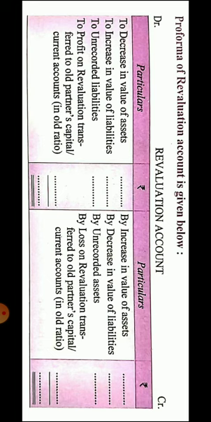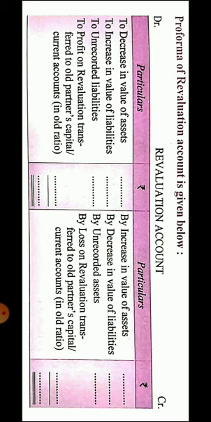Third is unrecorded assets. Similarly, as unrecorded liabilities were written at the debit side, where any unrecorded liability found is a loss to the company, any unrecorded asset found will be a profit to the company. So all kinds of profits will be credited, and all kinds of losses will be debited.